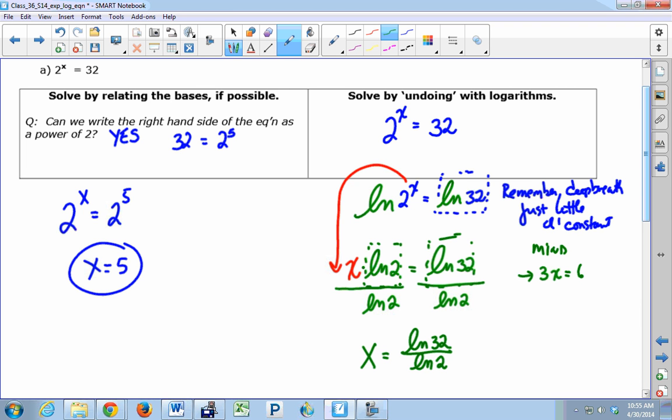All right, so yes, and I'll show you that in a minute. So what do we know this answer has to equal? What does natural log of 32 divided by the natural log of 2 have to equal? 5, because we just solved it over here the other way, right? And if you throw that in your calculator, you will get a more simple answer.